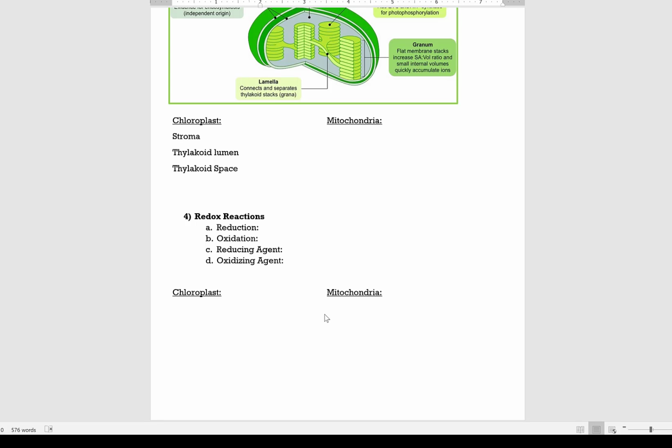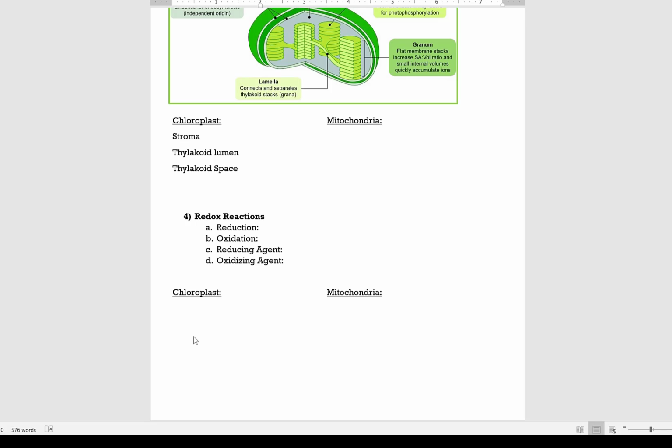So the goal or the purpose of cellular respiration is to oxidize glucose, and in the process regenerate ATP. So in the mitochondria and in cellular respiration, oxidation is the target, the theme, even though there's still both reduction and oxidation reactions occurring, but the overall goal is the oxidation of glucose.